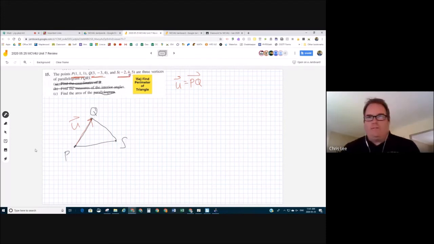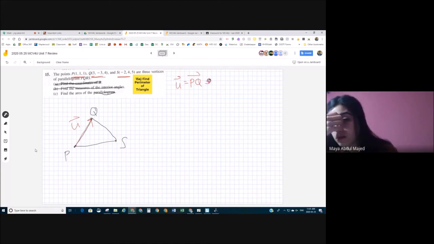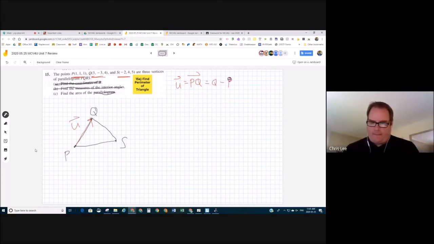So how do I find the vector PQ? Q minus P. Excellent. And so we're just going to take these coordinates, Q minus P, and subtract them. So 3 minus 1 is 2. Negative 3 minus 1 is negative 4. And 4 minus 1 is 3.